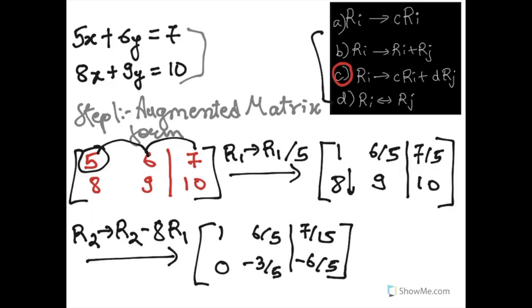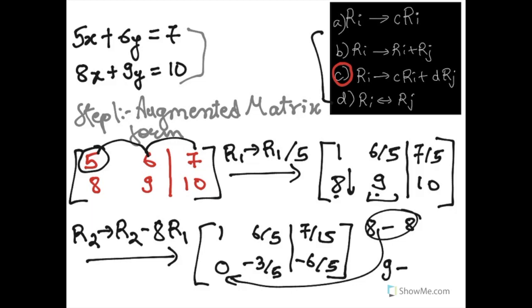So what we did was we said 8 minus 8, and then we substituted that here. And we went on to the second column, second row, and we said 9 minus 8 times 6 by 5. And then we substituted that here.